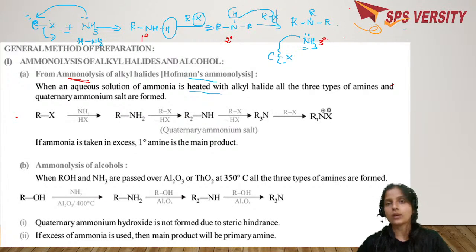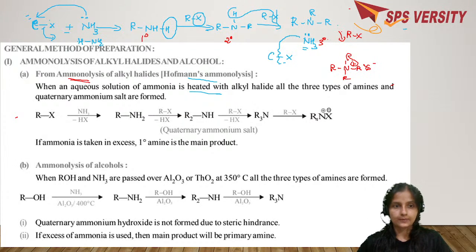And if you treat it with one more molecule of RX, that gets attached and you get RNRR plus, because there is one more alkyl group, and X minus. This is a quaternary ammonium salt.